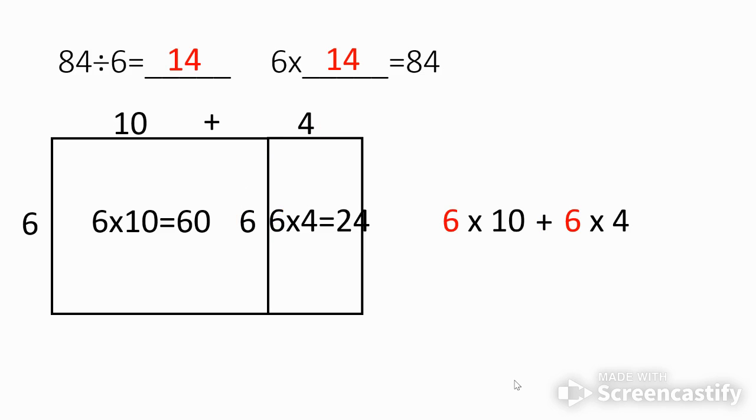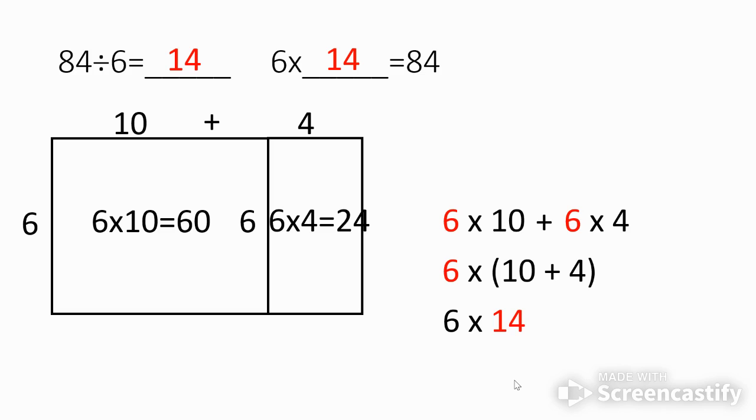Well, when I look closely at that, I have 2 6s. I have a 6 in each multiplication part of that problem. If I pull that 6 out, I have 10 plus 4 left. So 6 times 10 plus 4, or in other words, 6 times 14, is another way of solving this problem.